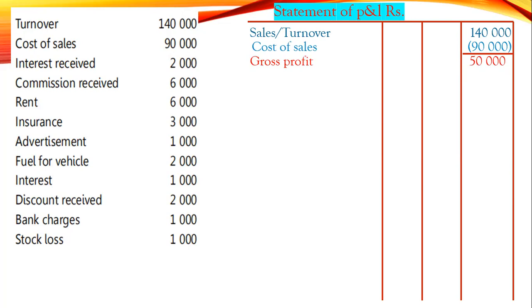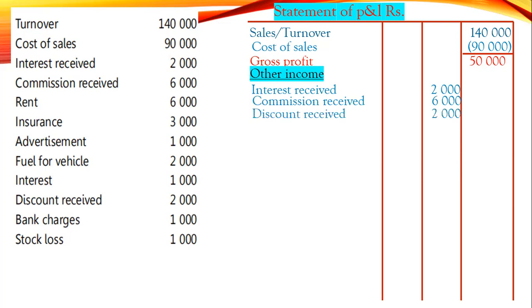Net profit equals gross profit plus other income minus expense. So we will take other income as a heading. Now, do you have other income in this? Yes. Interest received 2,000. Commission received 6,000. Discount received 2,000.